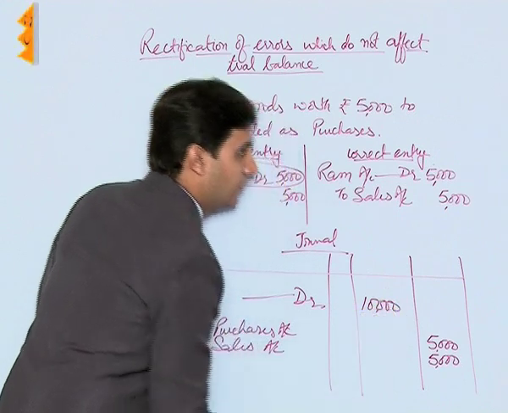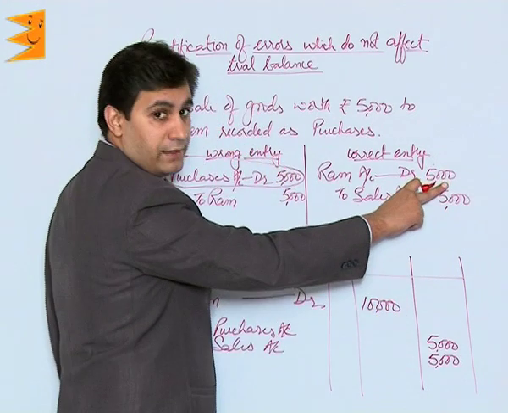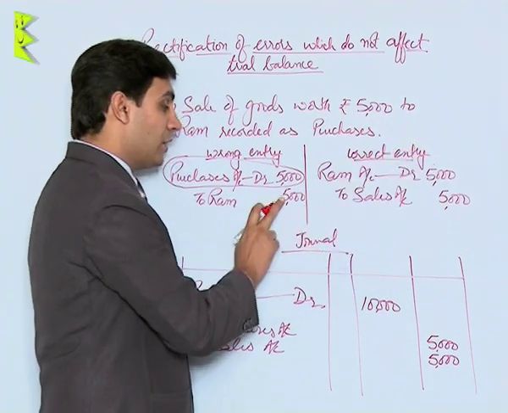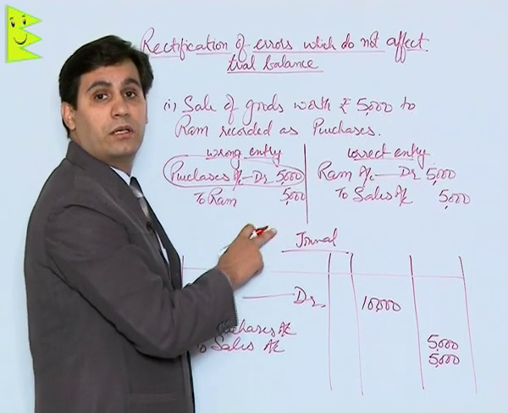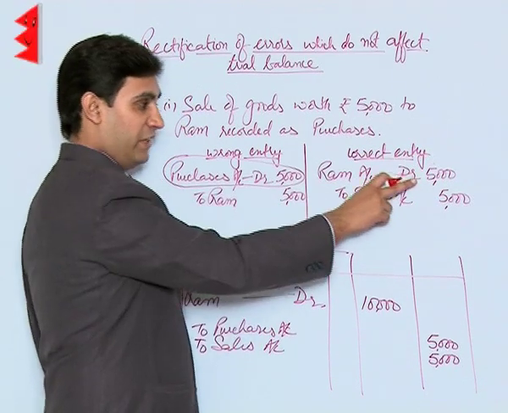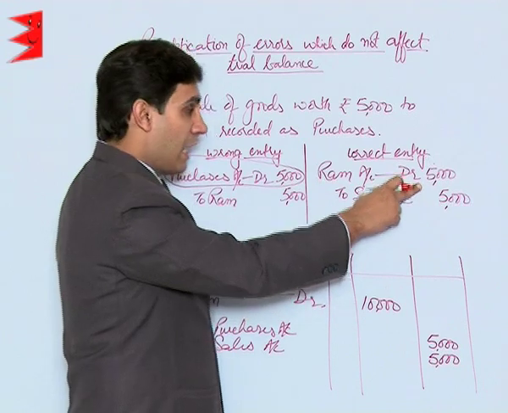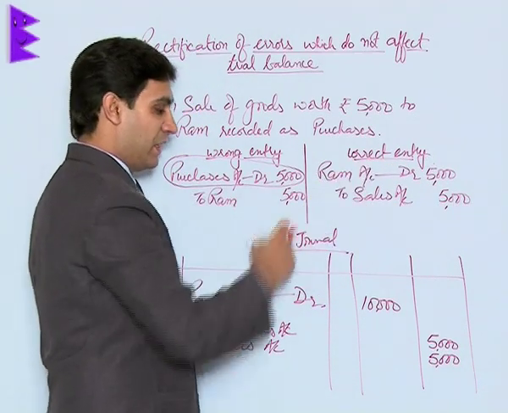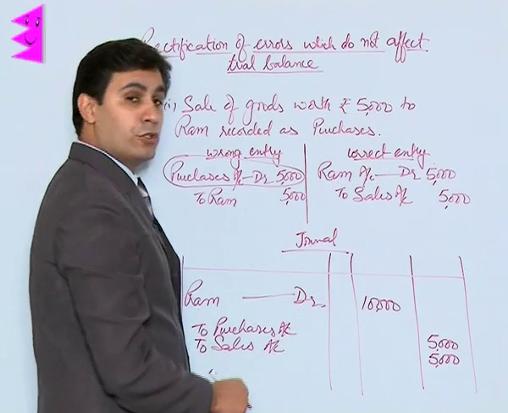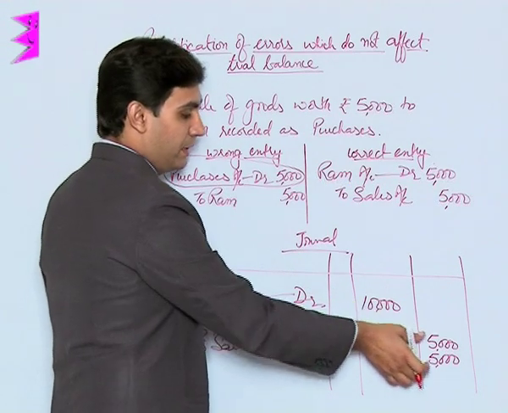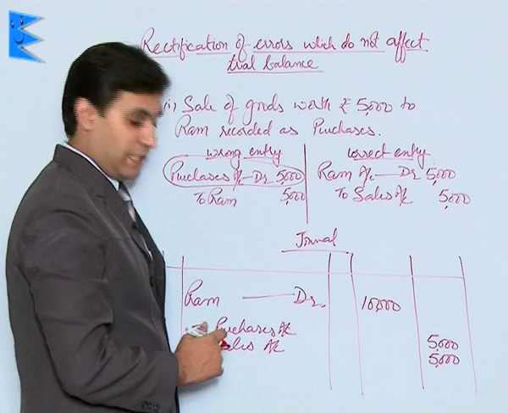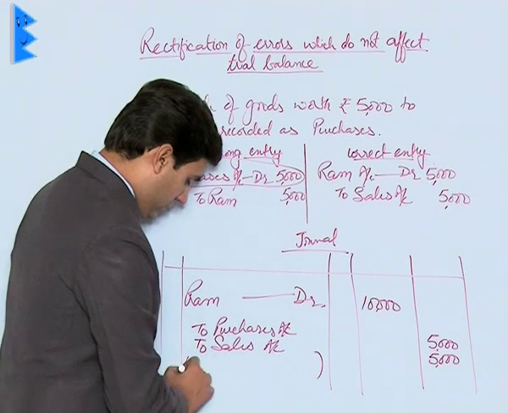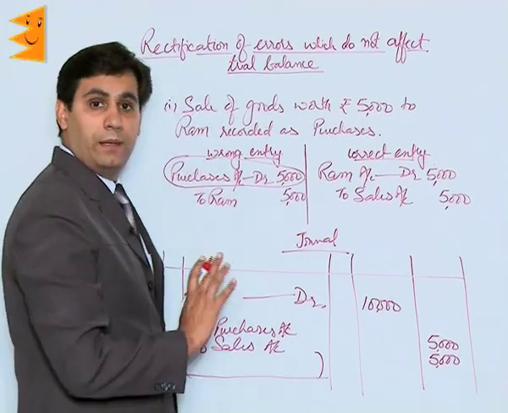Why 10,000? 5,000 for the correct debit and 5,000 for cancelling this wrong credit. So 5 plus 5 makes it 10. Otherwise also you can see that in a journal entry the debit and the credit totals should be the same. So we'll write the narration being rectified entry passed.